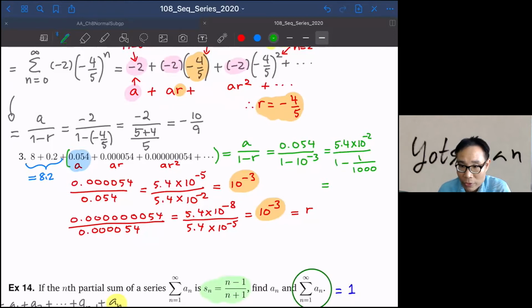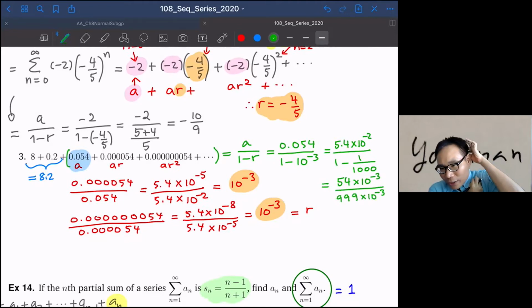Let me do this one this way. On top, I would get 54 times 10 to the negative 3, and here it's going to be 999 times 10 to the negative 3 as well. That helped a lot. Why did I use whole numbers instead of decimals?